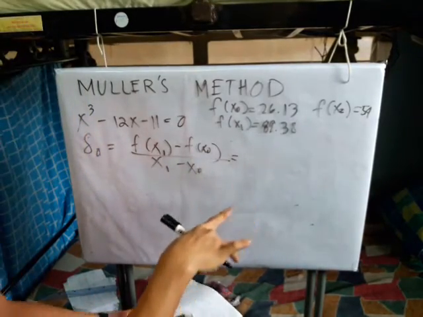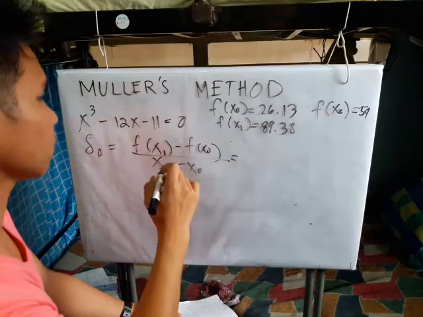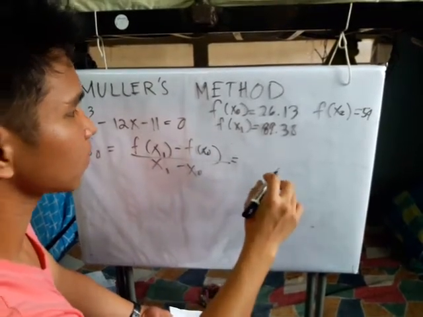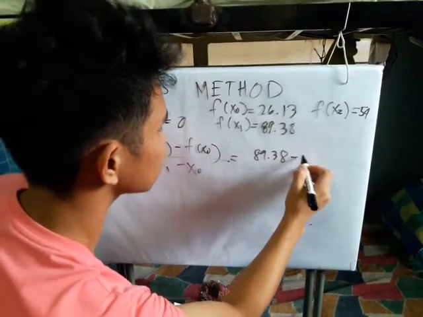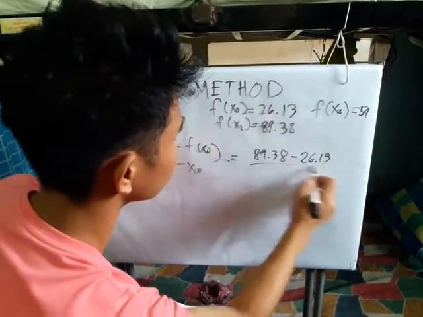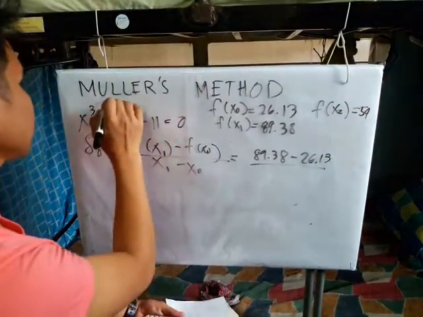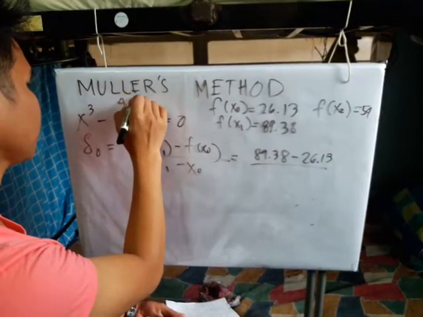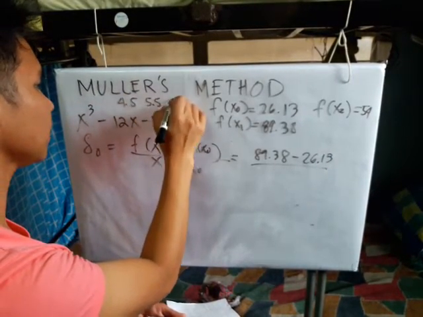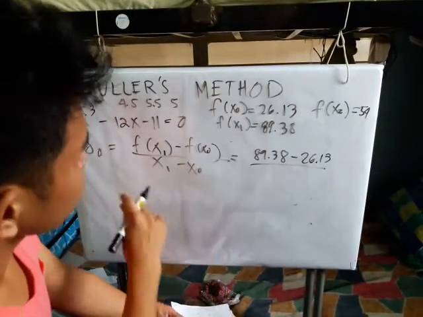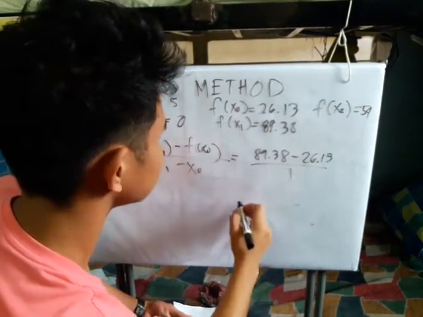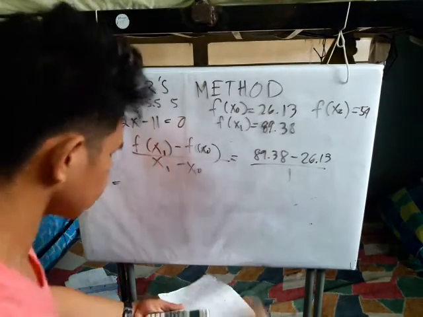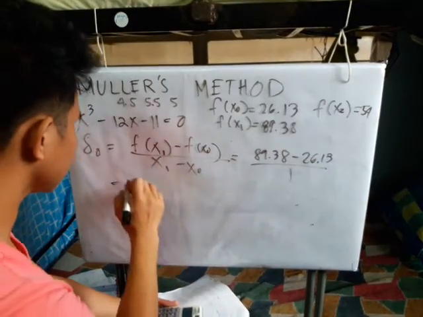So 89.38 minus 26.13 all over 5.5 minus 4.5, which is 1. So we have 63.25.